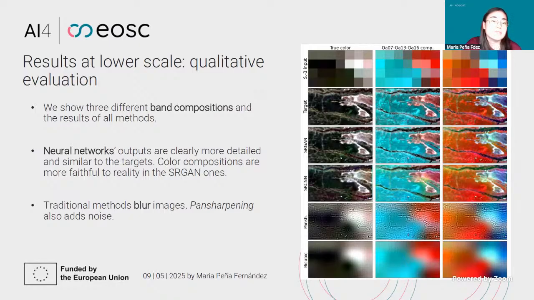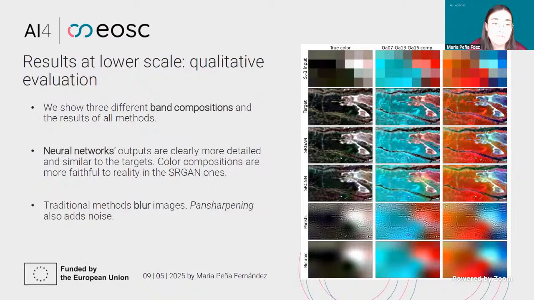And as you may see, the neural network outputs are much better than those of the traditional algorithms. If you look at the second and third columns particularly, you can see how much better the GAN is with respect to the CNN in the color compositions that appear there.